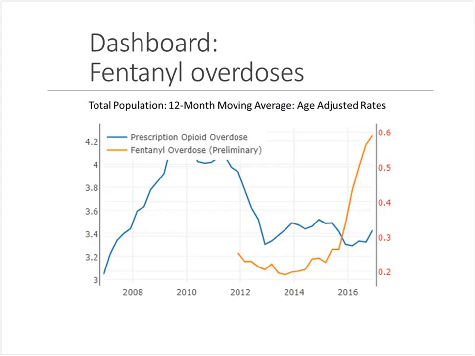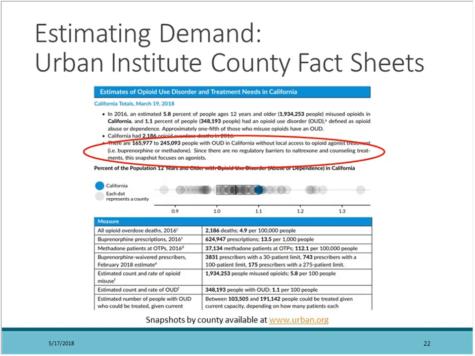community. Finally, in terms of measuring the burden in your community, the Urban Institute recently developed a set of fact sheets for each county that offers an estimate of the number of individuals within your county who are suffering from opioid use disorder, and the proportion of those who are actually tied into treatment, and offers a numerical estimate of the number of people who do not have access to treatment for opioid use disorder who should.